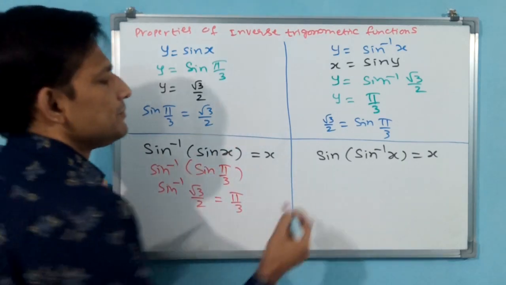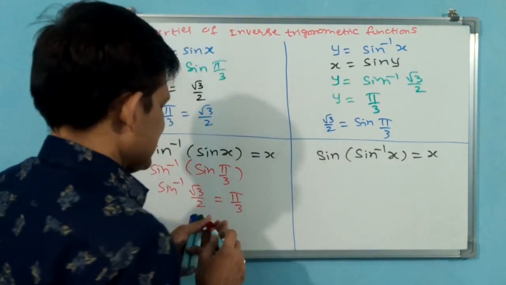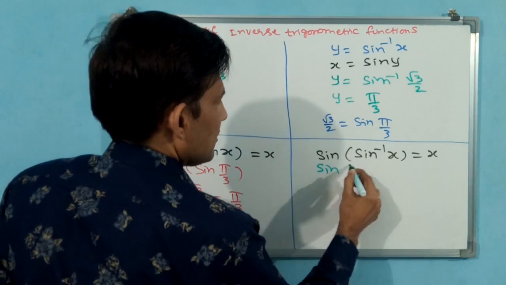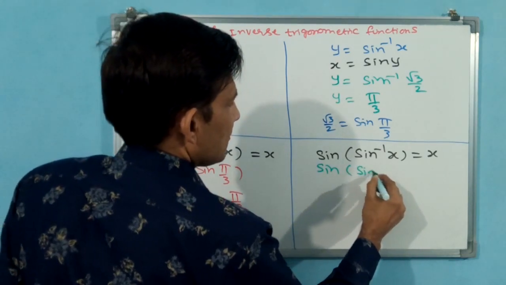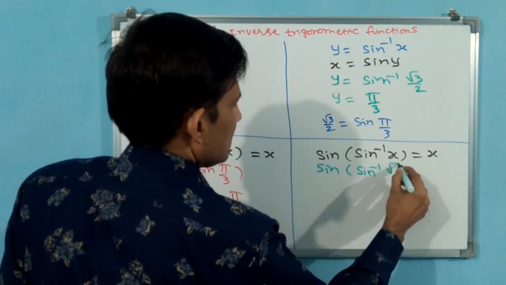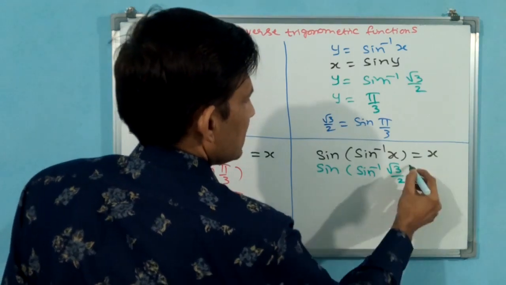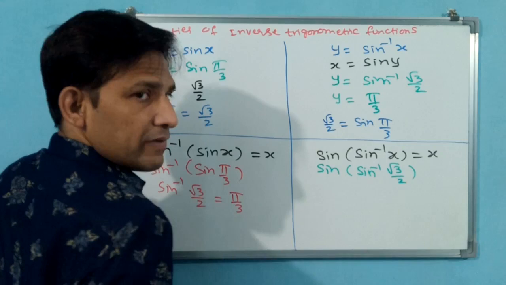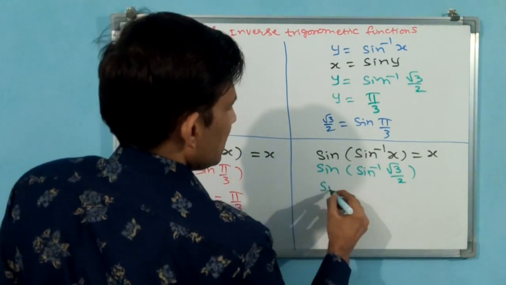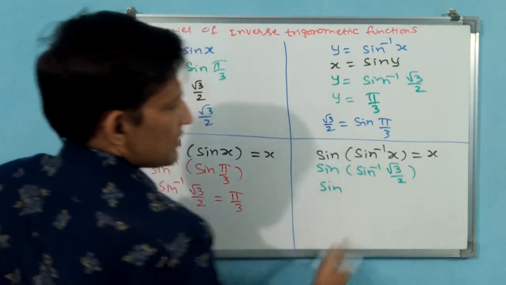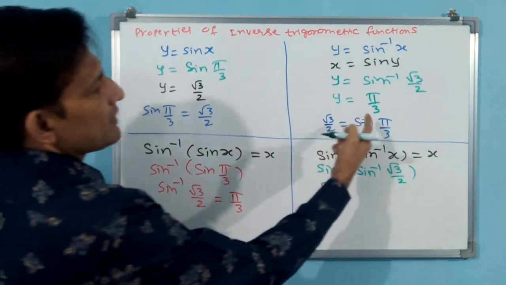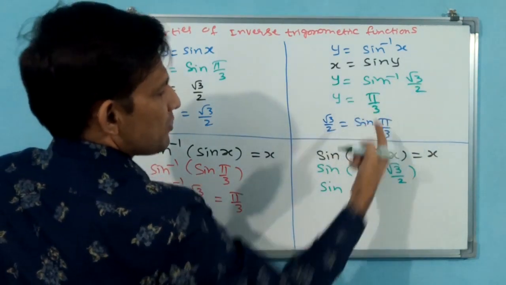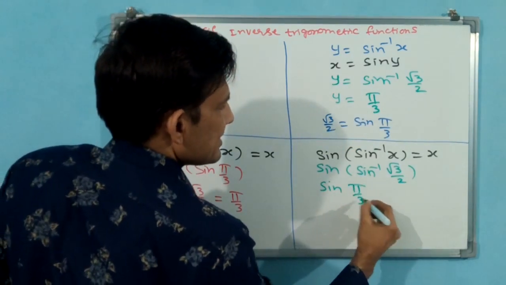Come here also. Sin of sin inverse root 3 by 2. Here we will show that root 3 by 2 will come finally. Sin inverse root 3 by 2 is equal to pi by 3, you write pi by 3.